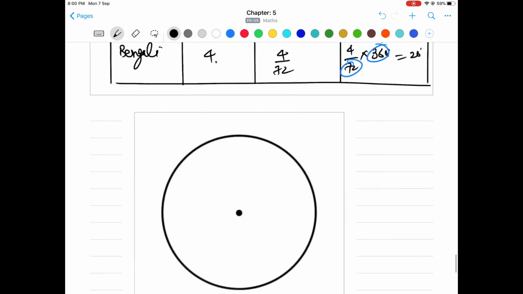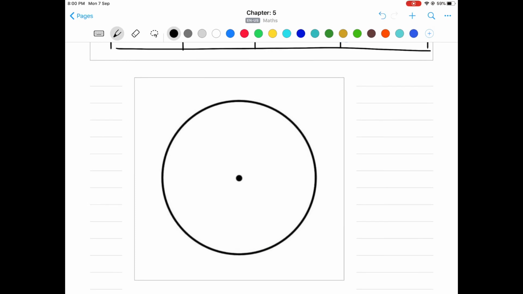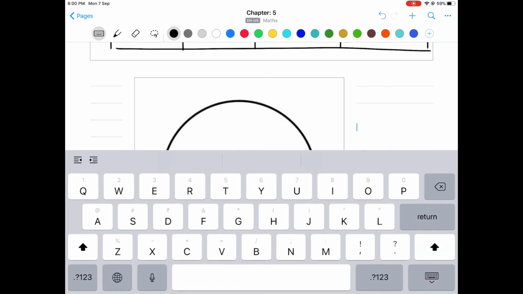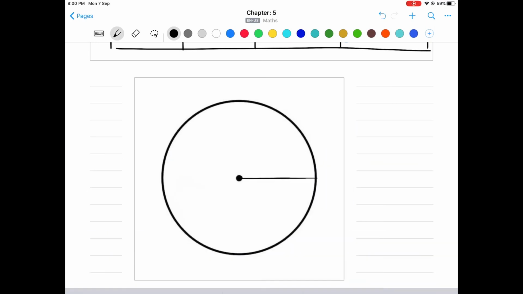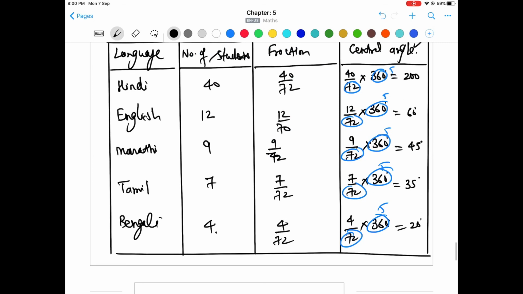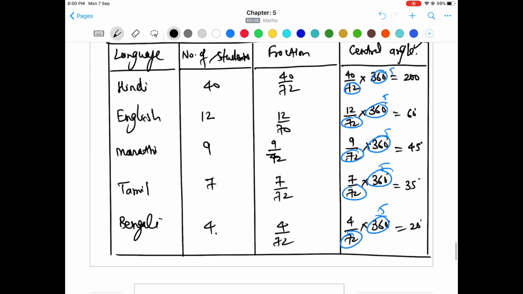Now we'll represent this data in the pie chart. Again, we'll start by making the radius or the starting line. Now we have to make the respective angles. So the first angle that we have here is 200 degrees.